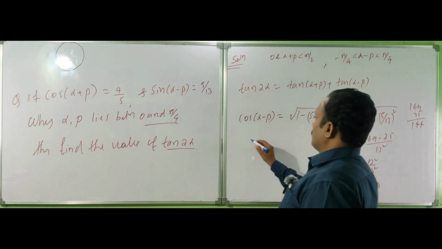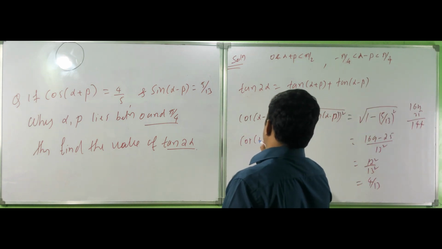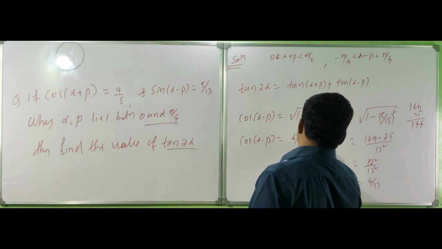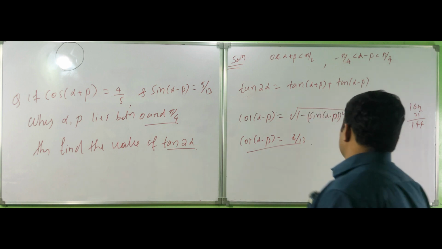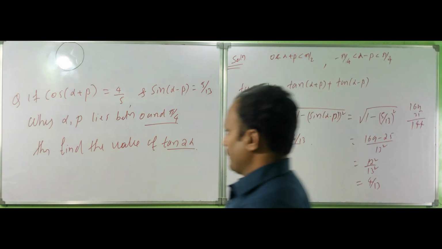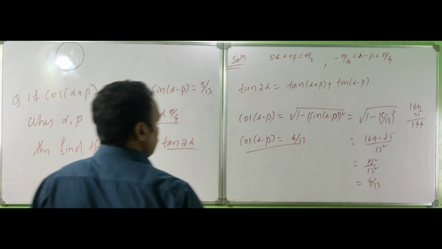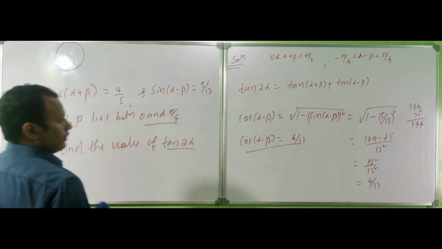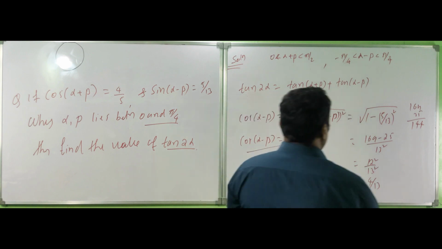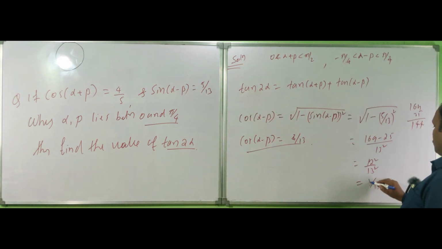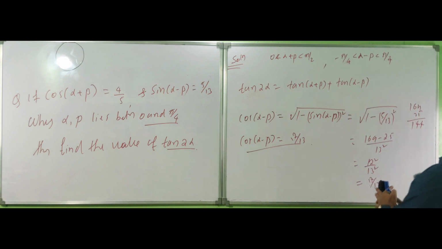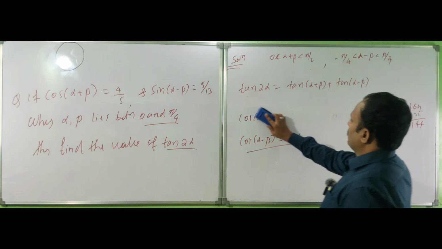Cos of alpha minus beta is equal to 12 by 13.